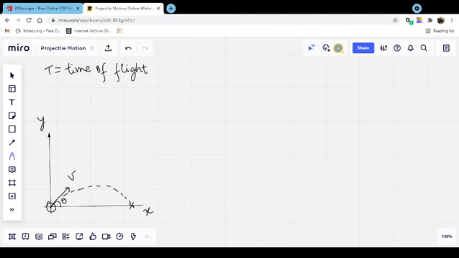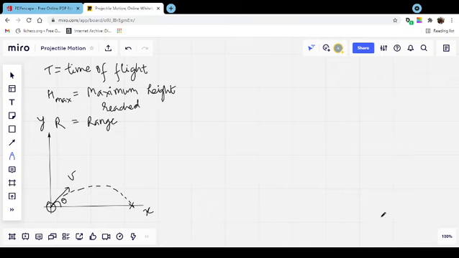Next is capital H, or sometimes H max. It is the maximum height reached by the particle above ground. And the last which we would focus on is the range of the body. The range of the particle is simply the horizontal distance covered by the particle before it strikes the horizontal.